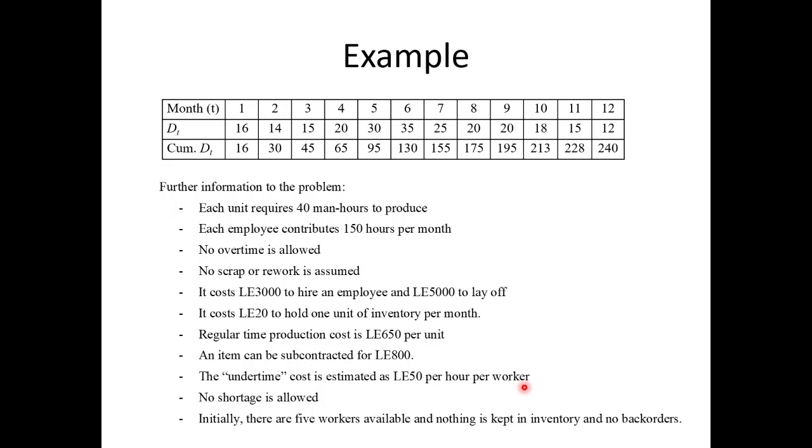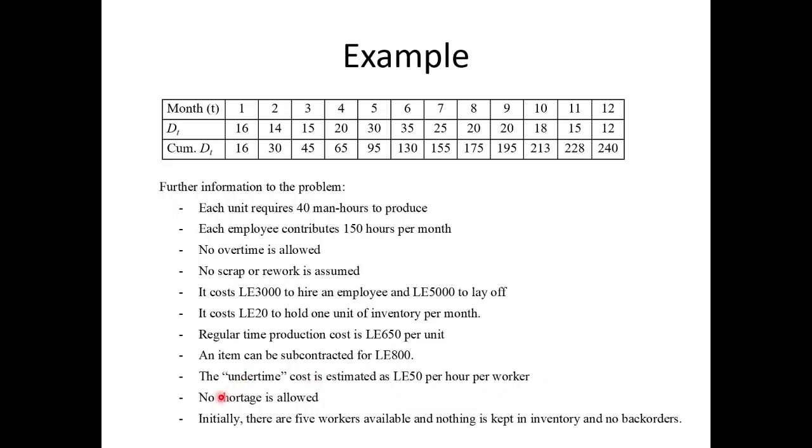When we use this number, we might need to convert it into the correct units that we are going to use in the model. Why? Because in our model, the undertime cost, C sub U, is defined per unit of production, not per hour per worker. So somehow we need to convert this number.